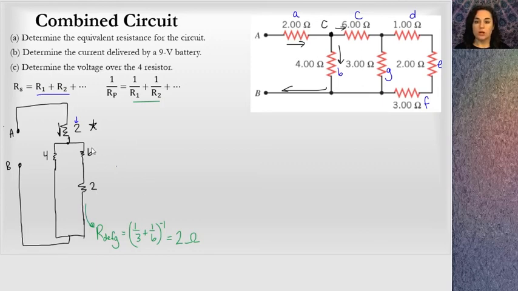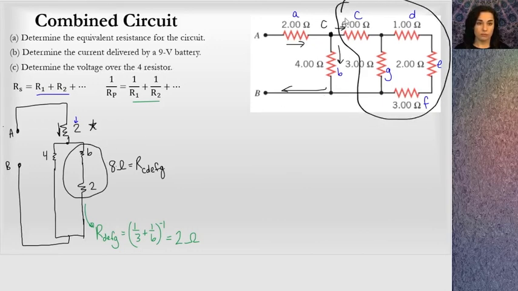Now you're going to note that I can't do anything with this parallel branch over here until I combine these 2. These are in series. This is an 8 ohm resistor, resistor CDEFG. I've simplified all of these resistors here. All of these resistors have simplified down to 8 ohms.